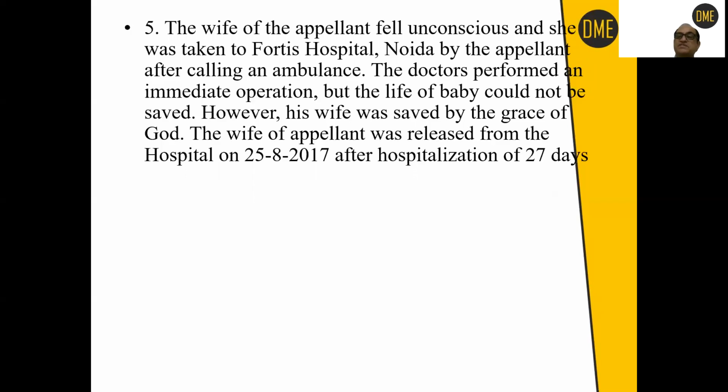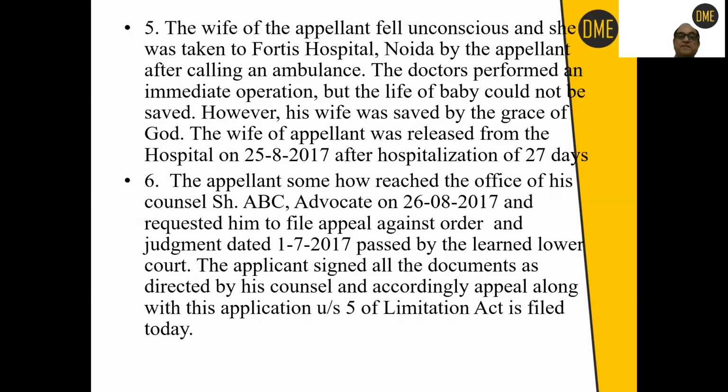This is the emergency which the appellant is facing. So this must be mentioned in the application, that what happened with the appellant, why he could not go to his advocate, why he could not file appeal in time.